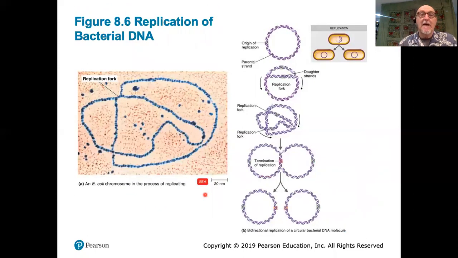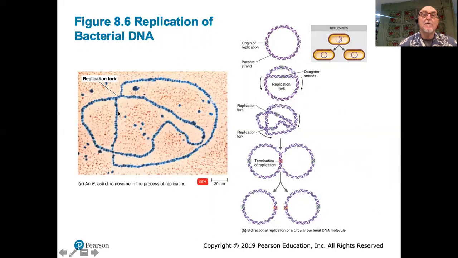So, okay, here is a brilliant electron micrograph of the bacterial chromosome busy replicating. If you have a look at it here, you see that there are two circles. And here is the last remnant of the original parent. You'll see on either side there is a replication fork.